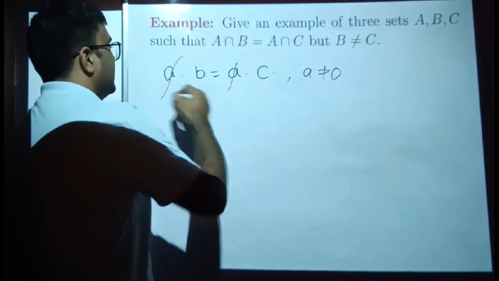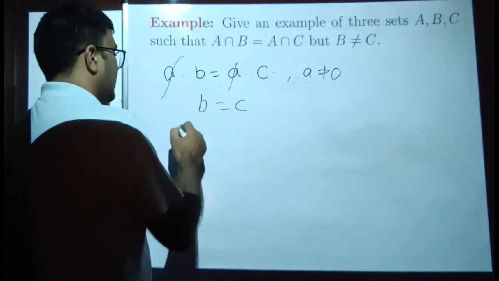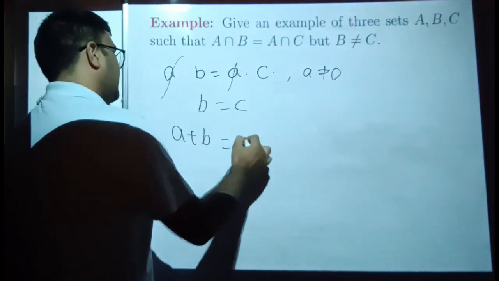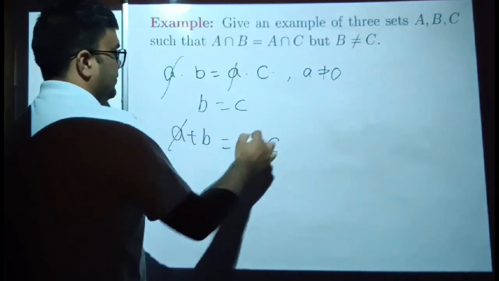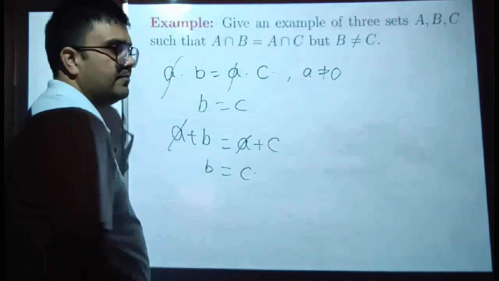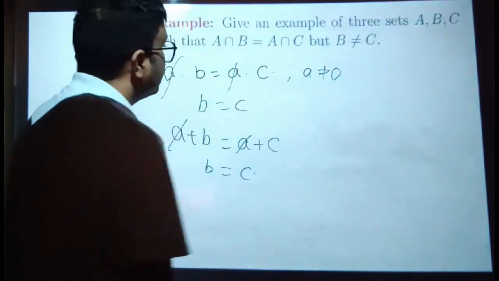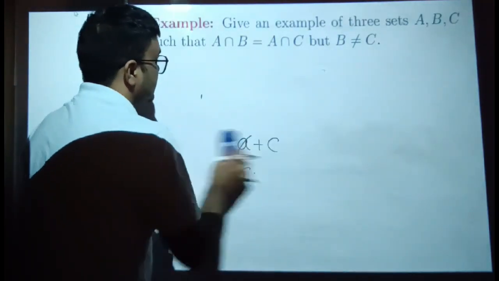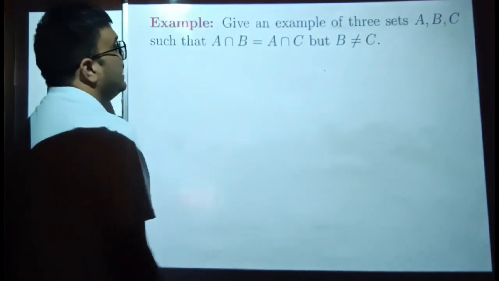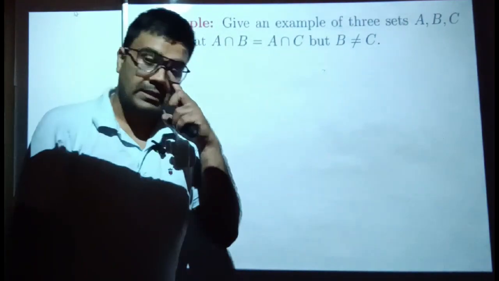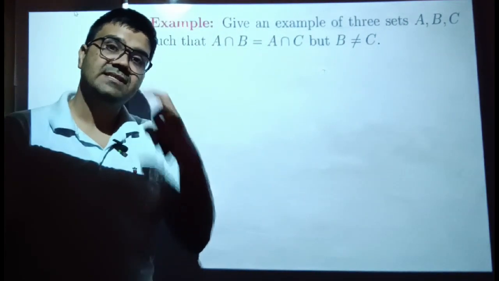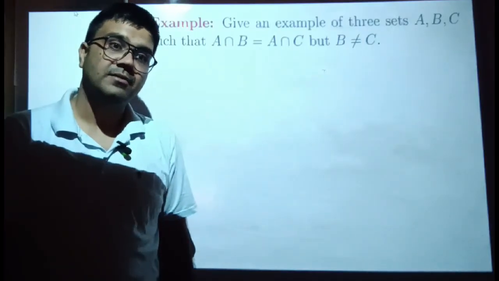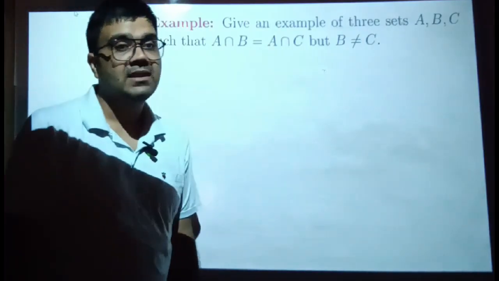Cancel these terms. We obtain B is equal to C. If A plus B is equal to A plus C, we get B is equal to C. But we are going to prove that no such kind of result exists for the sets. That is, if A intersection B is equal to A intersection C, it doesn't mean that B is equal to C.